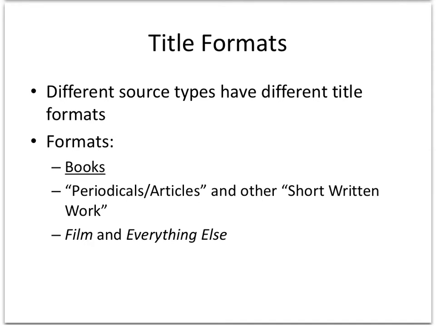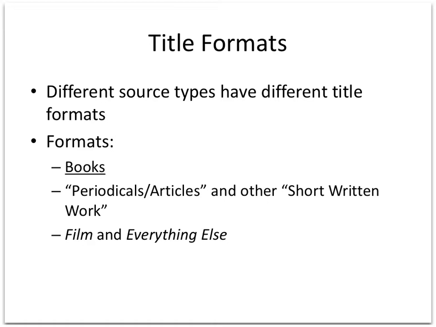When formatting titles, there's a couple of different ways we can do this. It's helpful to be aware that different source types have different title formats. A traditional way of looking at this is that books are always underlined. Any kind of periodicals or articles, for example, academic or scholarly journals, newspapers, magazines, and so on, are used with quotation marks.